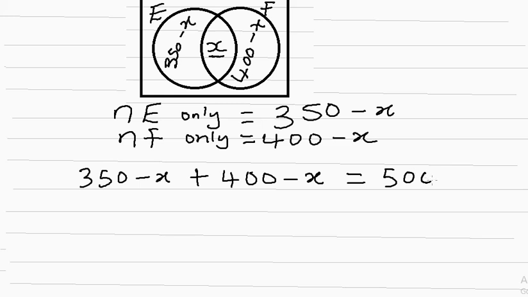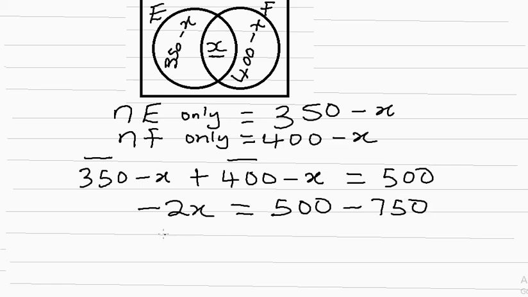So let's collect like terms. Minus X and minus X gives minus 2X. 350 plus 400 is 750. Taking it to the other side of the equation, it will be minus 750.